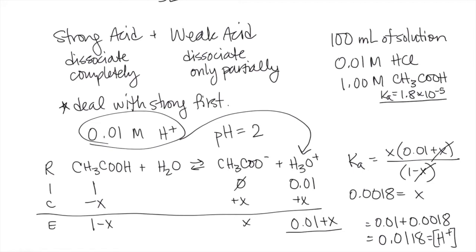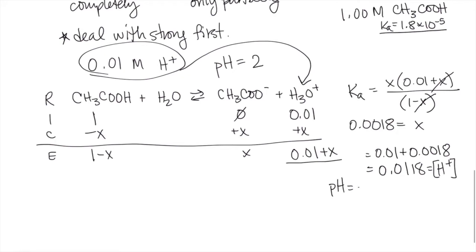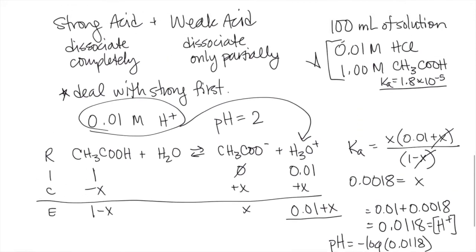And when I do that, I get 1.93. So in this instance, we had a weak acid that was 100 times more concentrated than our strong acid, so it was necessary for us to do this second table.